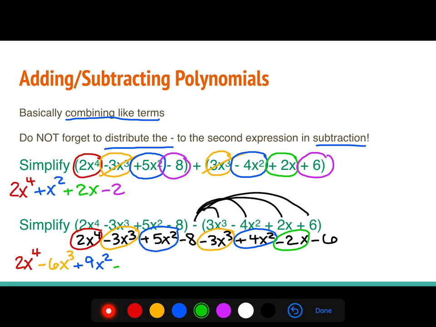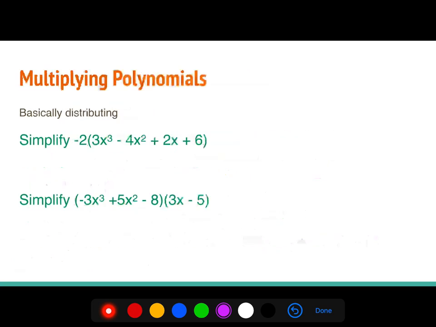I have 5x squared plus 4 more of them. 5 plus 4 makes 9x squared. I have a minus 2x. And then I have negative 8 and negative 6. Negative 8 and negative 6 make negative 14. So I just did addition and subtraction of polynomials, which is basically combining like terms.